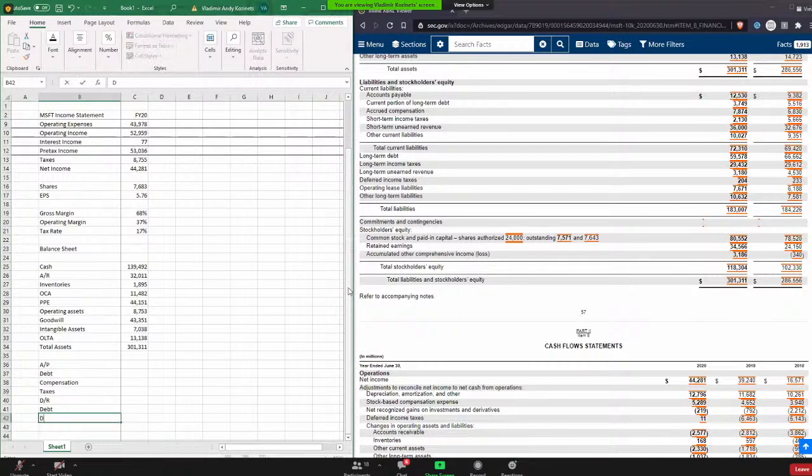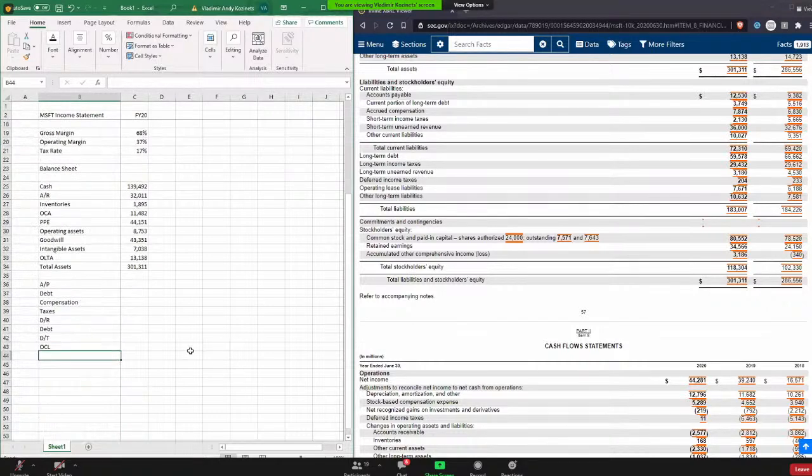Deferred taxes, we don't have that yet. Let's see: taxes, accounts payable, debt, compensation, taxes, deferred revenue, other current liabilities. Long-term taxes, unearned revenue, that's deferred revenue, operating lease liabilities.